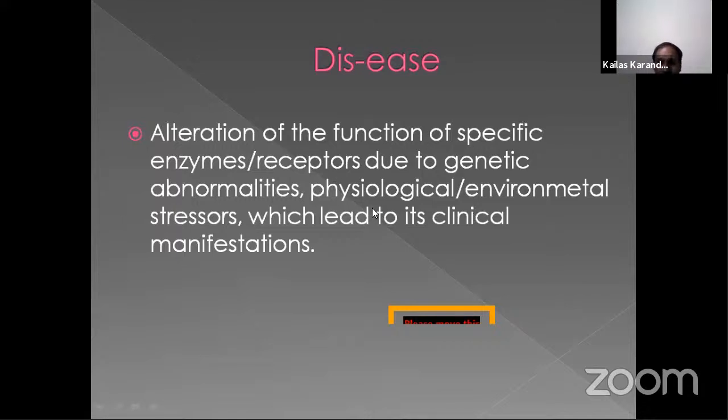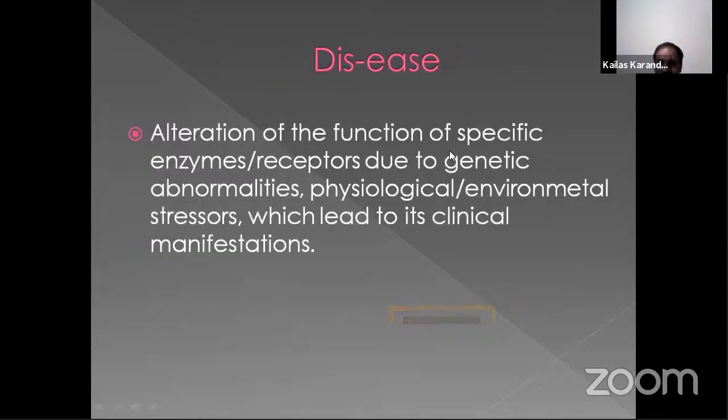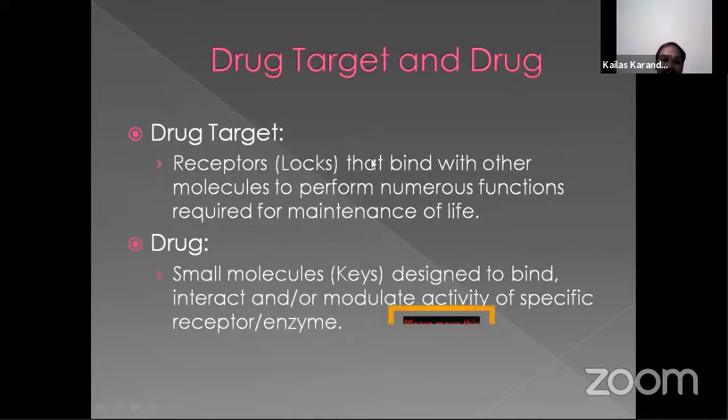Now you have the drug target and the drug. Right now we have discussed what the disease is. The key role in any disease is usually played by the receptor involved, and these receptors could be your drug target. Alternatively we can say a receptor is a lock.